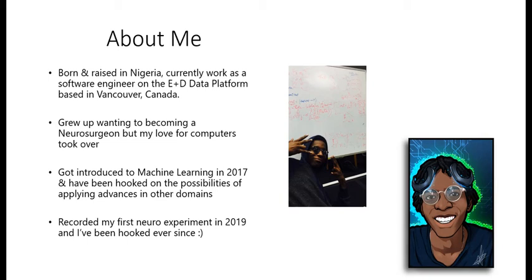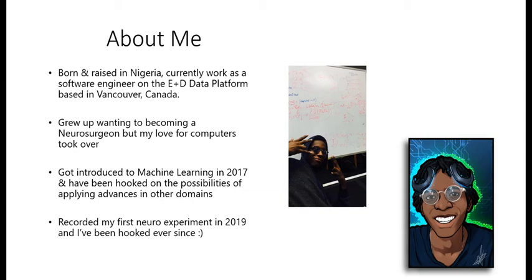But then I was always good with computers. And so I guess computers won, if you want to put it that way. And going through college, I got introduced to machine learning way back in like 2017. At the time, computer vision, for example, was still people writing algorithms. Now it's mostly people just throwing stuff at deep learning and neural networks.